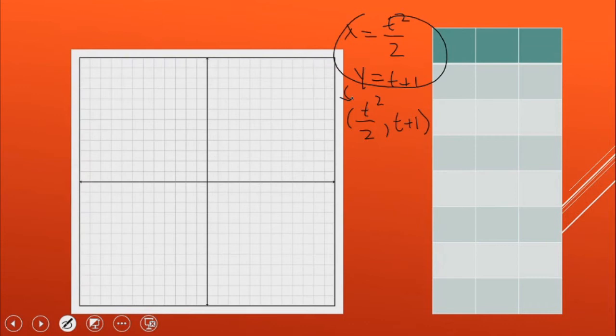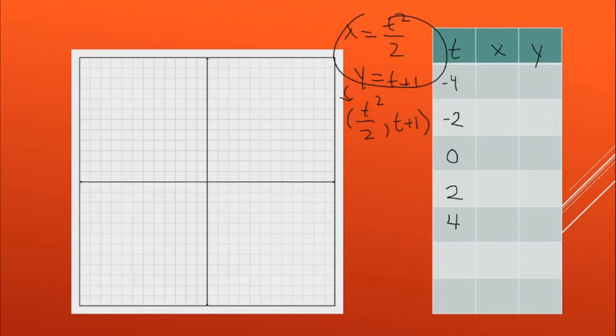Okay, so let's see what that looks like and draw a table. Let's choose some values for t. My first value is going to be -4. My second value is going to be -2. Then I'm going to do 0, 2, and then 4. And let's see what we get from these points.